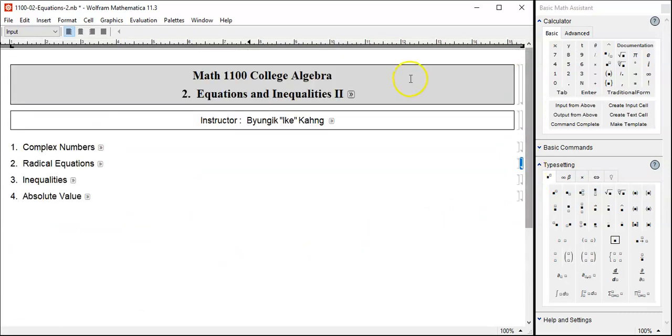I'll say section 2 is done, and a fair warning. This section 2, radical equations, is really, really tough, as you have just witnessed. So there is a relatively small chance you're going to see this kind of thing in the exam. I'll say 50-50 or less. The probability exists.